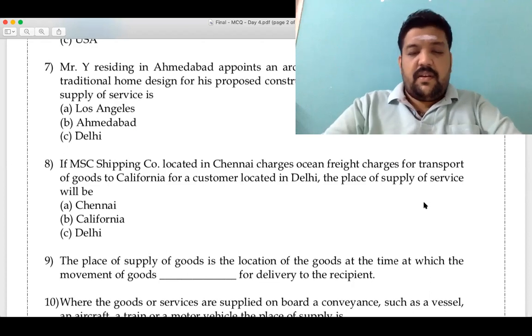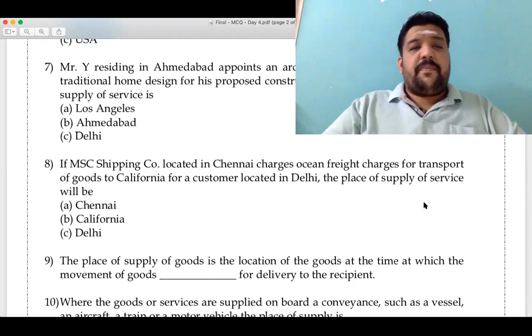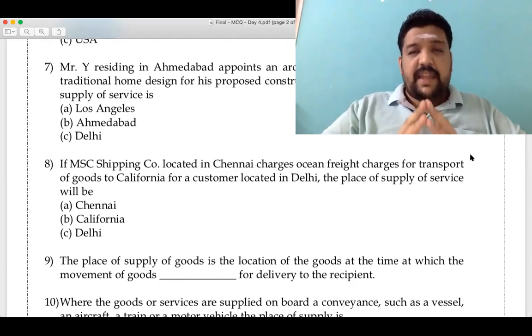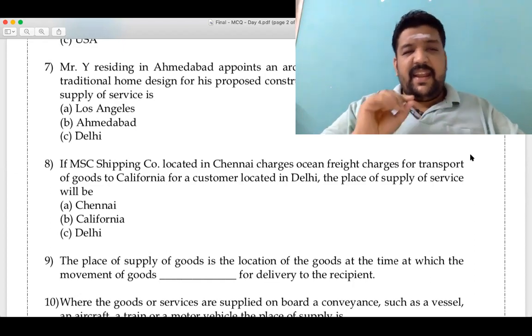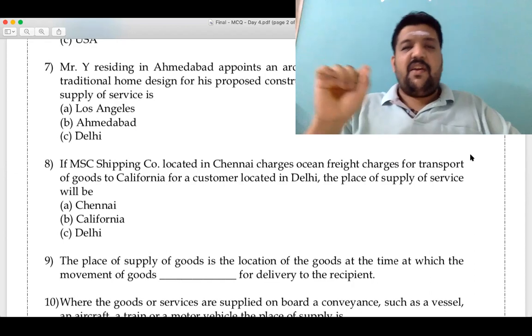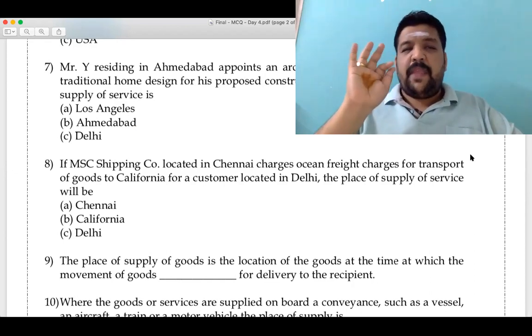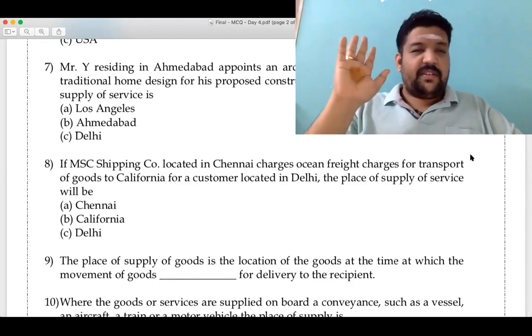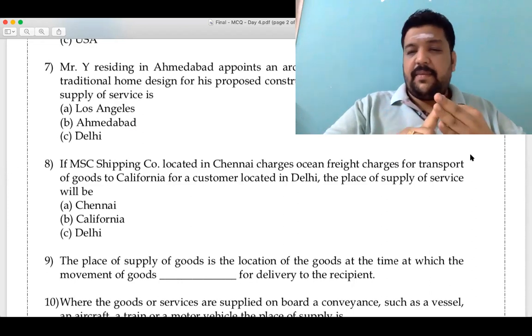See how it can help you. Question number 7. Mr. Y, residing in Ahmedabad, appoints an architect in Delhi to provide Indian traditional home design for his proposed construction at Los Angeles. The place of supply of service is Los Angeles, Ahmedabad, Delhi.